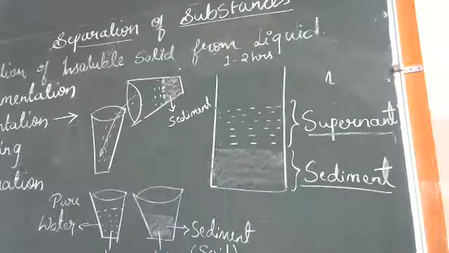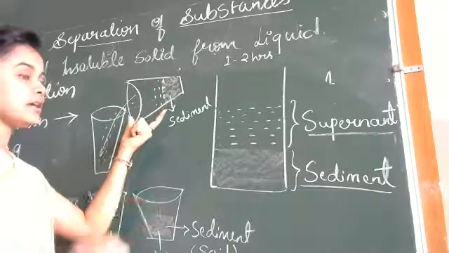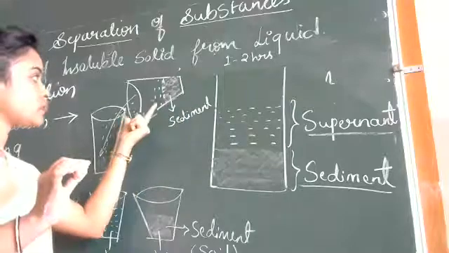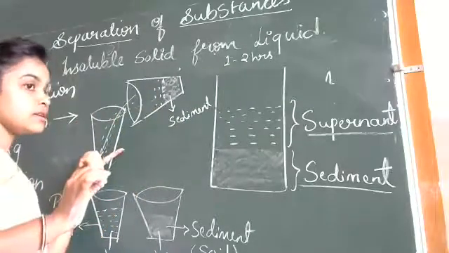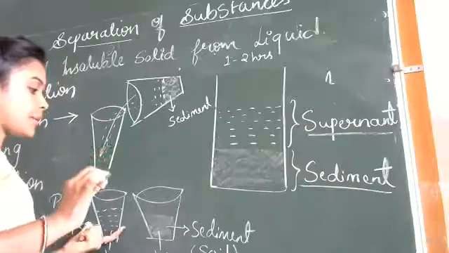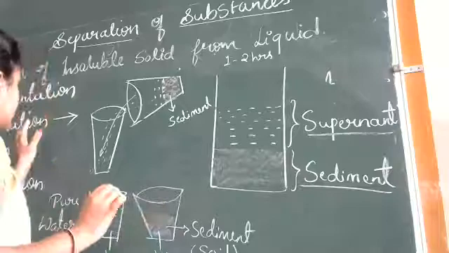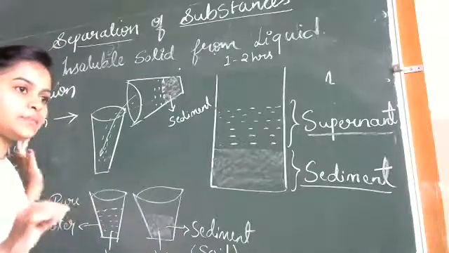So see here, without disturbing the sediment, we pour this supernatant into another glass to get pure water separately, and the soil stays behind. This is called the decantation process. Okay.